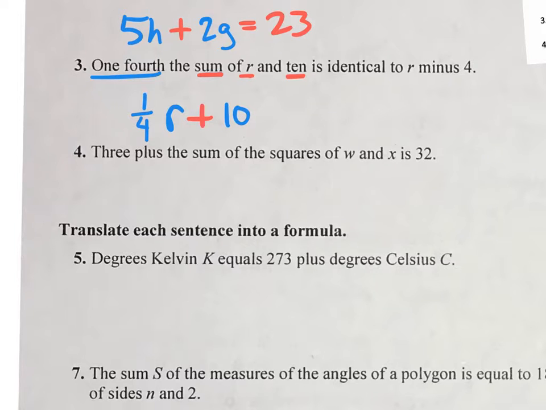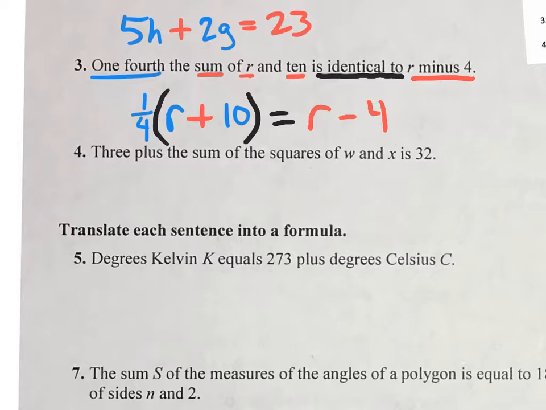We need parentheses, just like on the class opener. And then it says is identical to. That's the word is, which implies the equal sign. Is means equal. And what's it identical to? It's identical to r minus 4. So there's our equation. We are not solving, we're just writing it down.